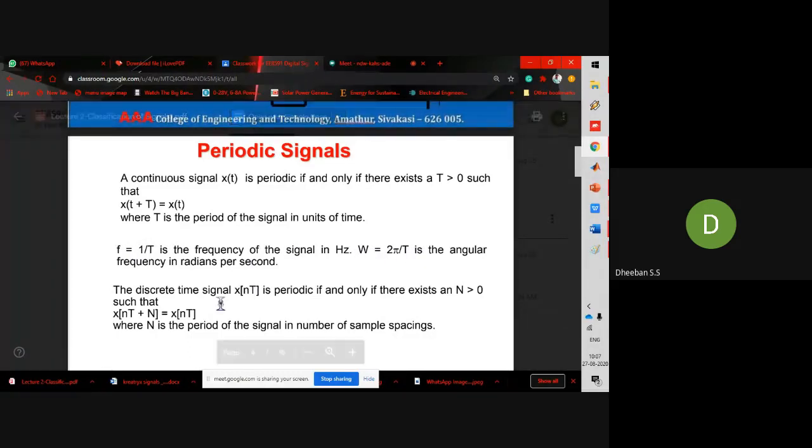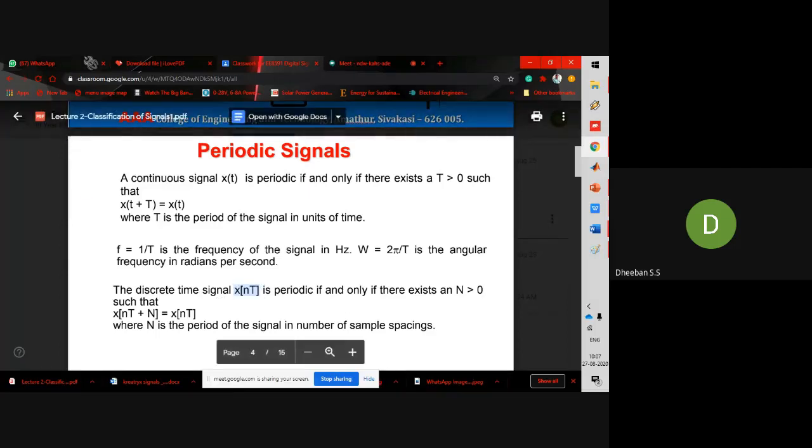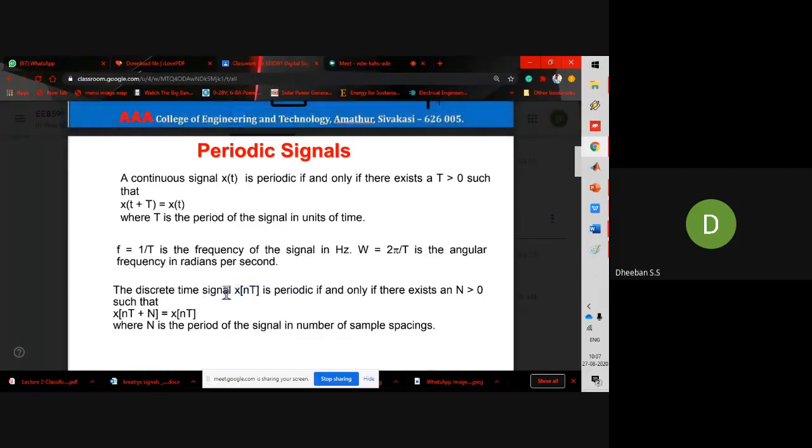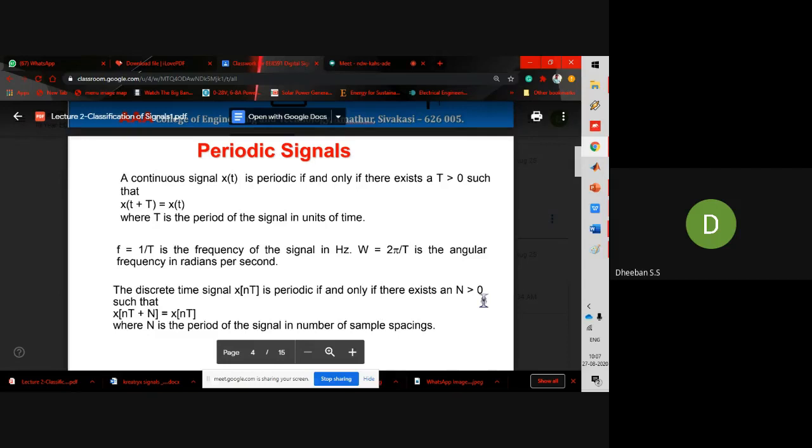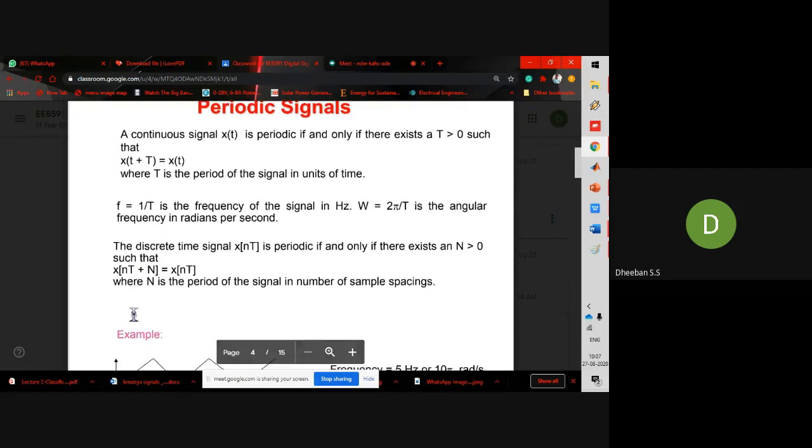Next they define the periodic signal in terms of your discrete signal. The discrete signal x of n is periodic if and only if there exists an N greater than 0, where you add the capital N. It is the same concept, but the small n is your discrete time signal.